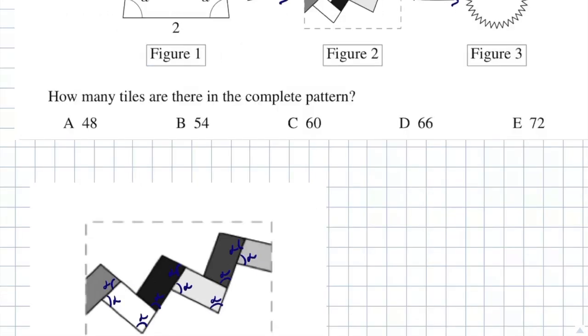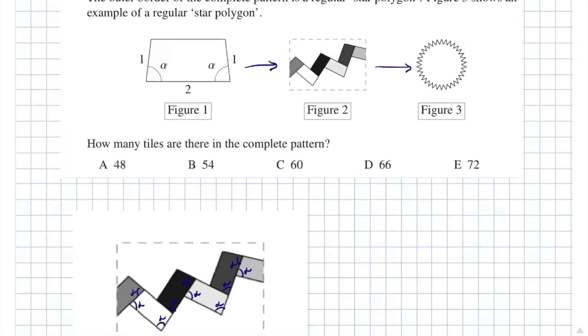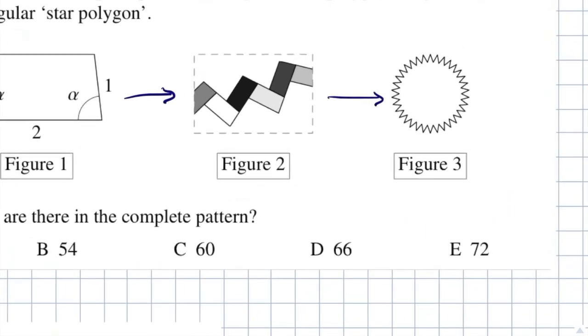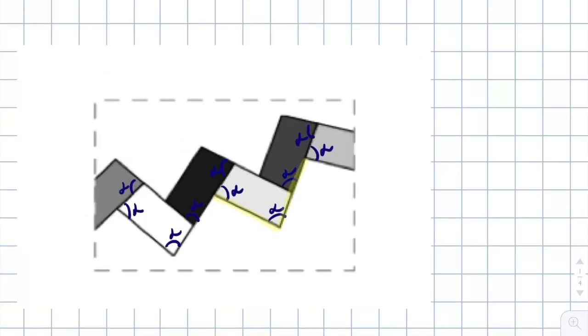And then what's happening is this symmetrical pattern, which is made up of each of the trapeziums from figure 1, is creating an outer border for the sides of the star polygon of figure 3. So basically, on figure 3, each of the zigzag edges, which I've highlighted here, make up the outer border of the polygon in figure 3.